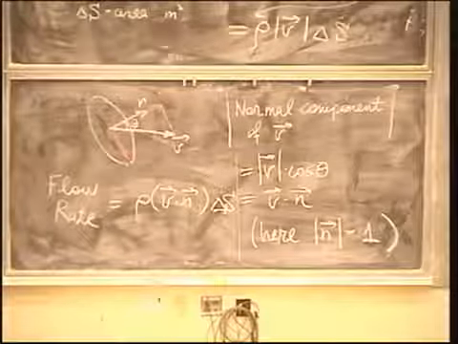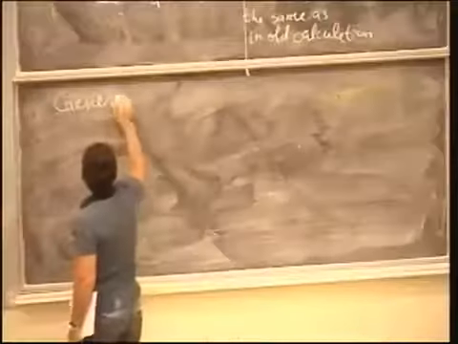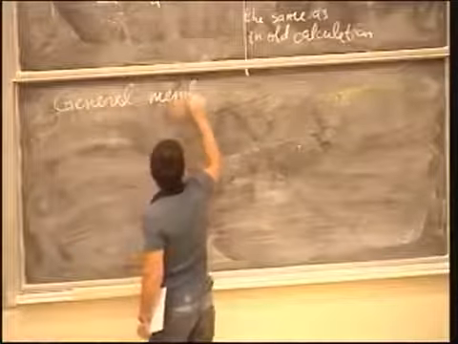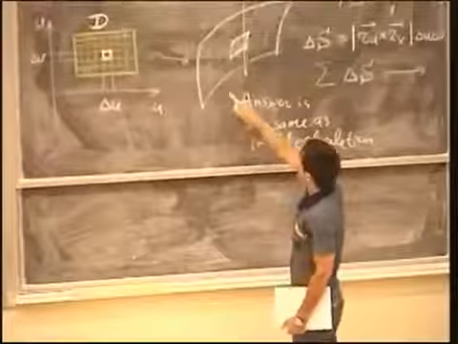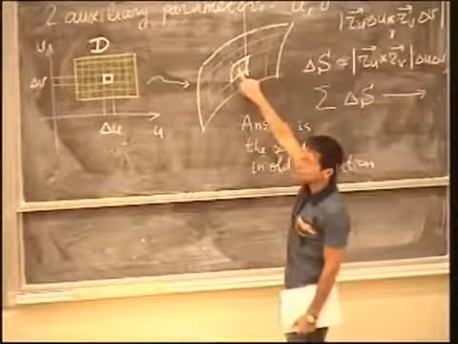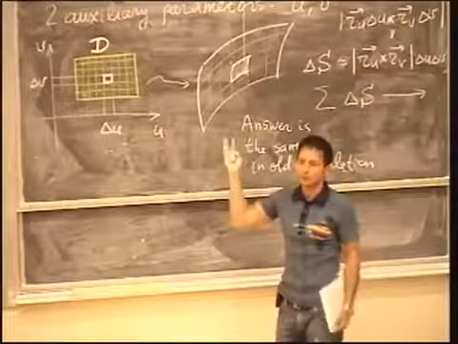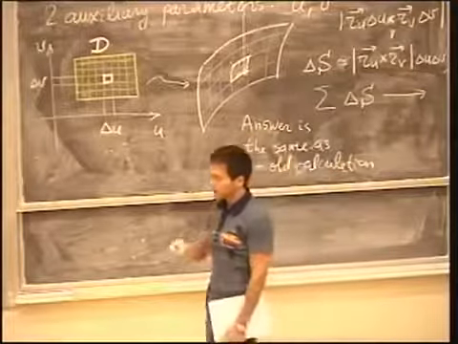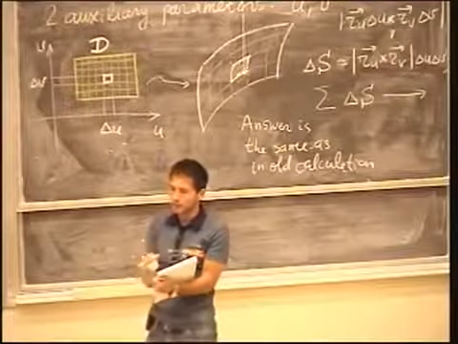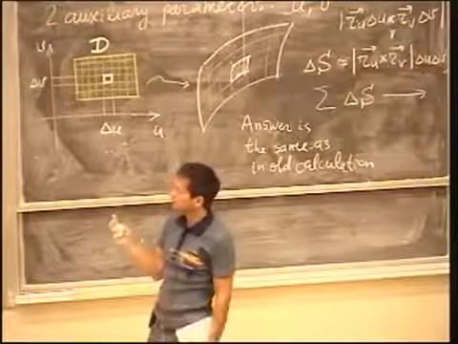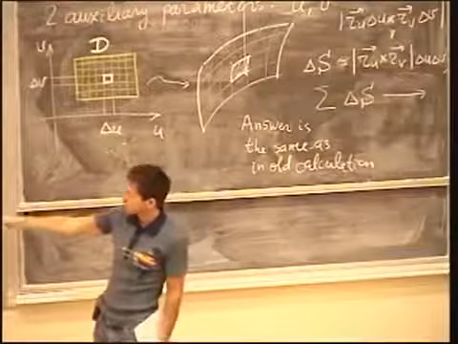We break a general membrane into small pieces, and for each small piece we apply the idealized scenario, where we assume that approximately the velocity is the same everywhere, and the normal vector is approximately the same everywhere. So then we use this formula.